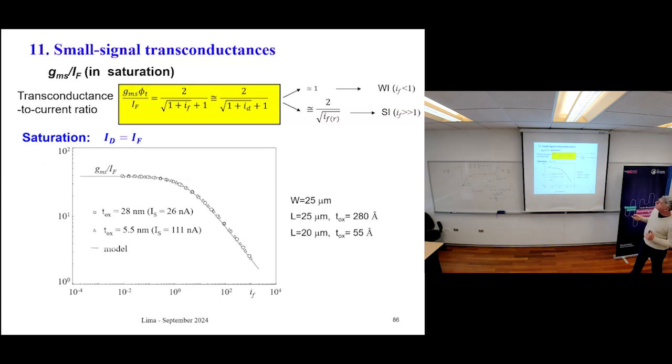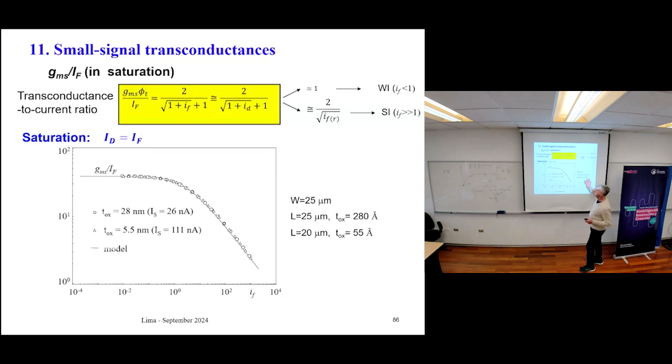This is for a transistor in saturation, and for two technologies. For this technology, which is not a very old technology, the oxide thickness is 28 nanometers. The minimum channel length for this technology is around, I would say, 1 micrometer. But we chose 25 micrometers of channel length.